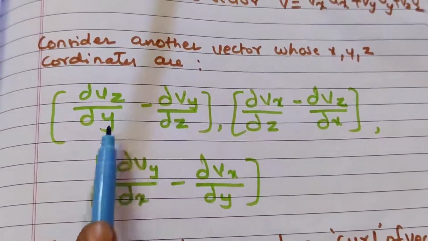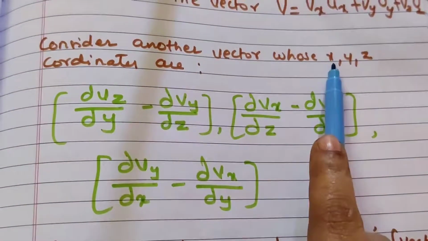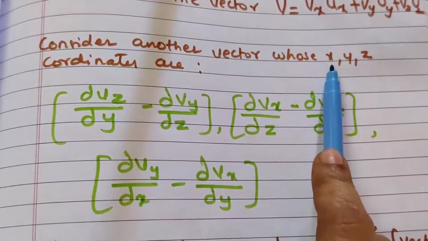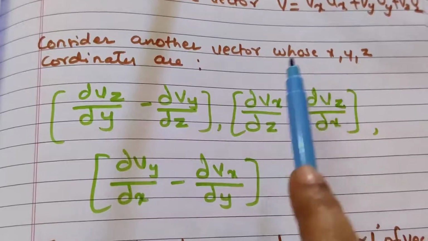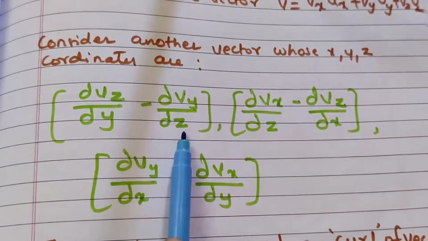For the curl of a vector, remember this: if it is the x term, then the first term will not have x anywhere.